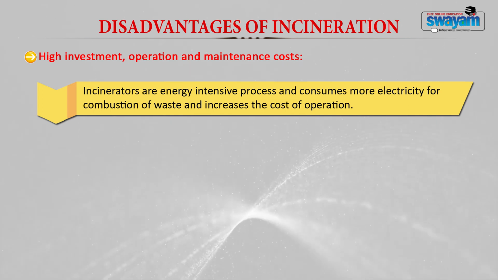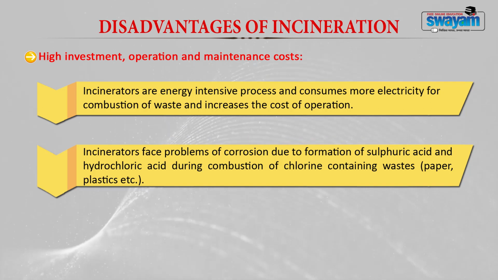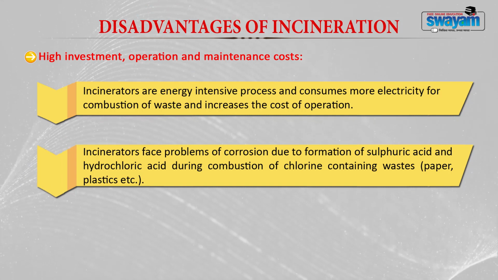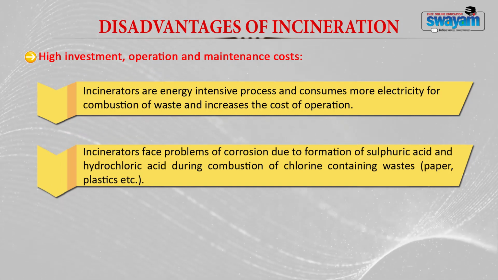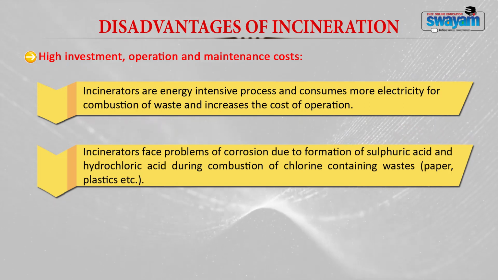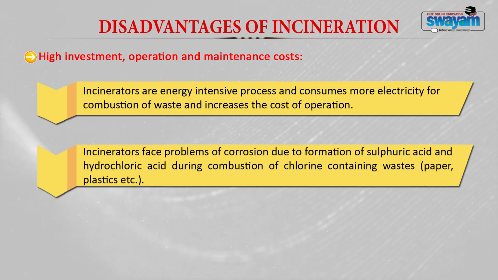There is another problem that incinerators generally face, that is corrosion. I told you earlier that in addition to carbon dioxide and carbon monoxide, you also have generation of HCl, HF and these acids. Now, these acids corrode the walls of the incinerators. These acids are generally produced during combustion of chlorine containing waste like your paper.